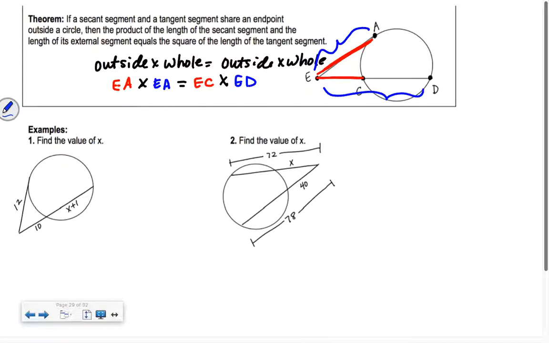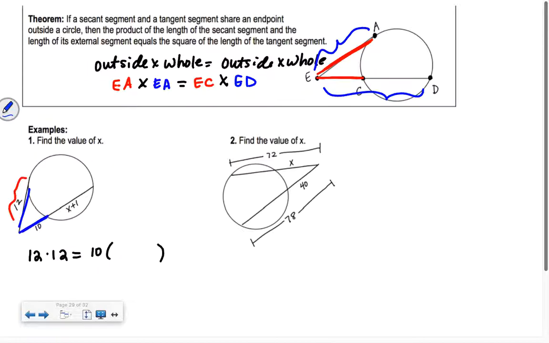Okay, so let's try to apply this. Don't mess it up. We have outside times whole equals outside times whole. So set up the equation. See if you guys can set it up, and then I'll see if you're right. So we have the outside and the whole, right? 12 times 12.